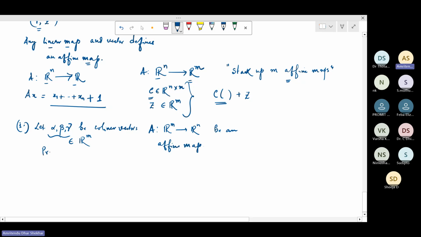Prove that the image vectors, that is A alpha, A beta, and A gamma, are also collinear.